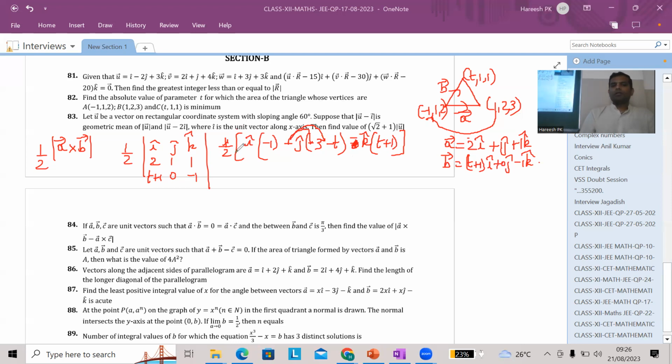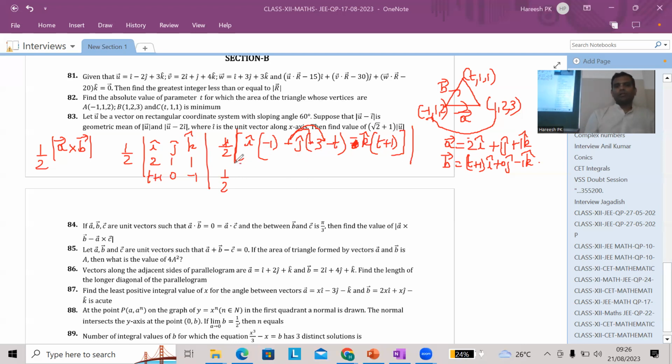So now what is the mod of this? Magnitude of this. Magnitude is nothing but half into root. I don't have to worry about the root because if the area is minimum, the area squared will also be. So directly you can forget the root.